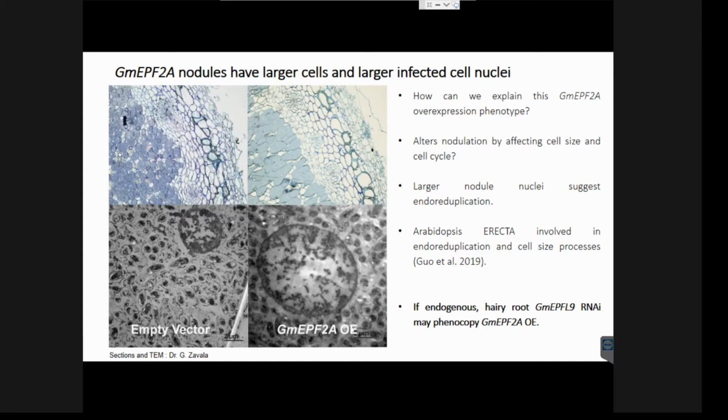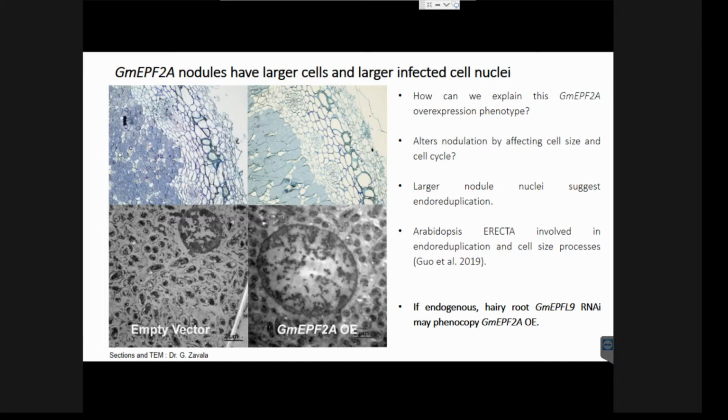Now in the EPF2 overexpressor, again you see, can you see that? I can't see that. Has it died on me? No, it's still working. Anyway, you see these infected cells are much larger. And when you look inside the cell, yeah, now it works. Sorry. The nuclei are also larger.